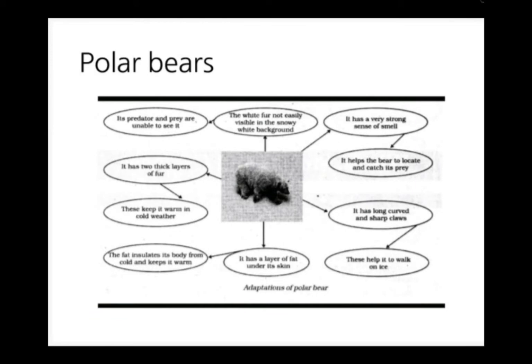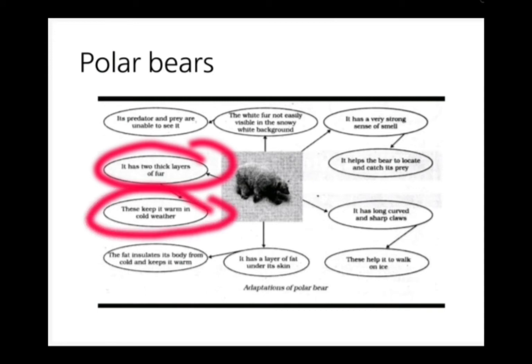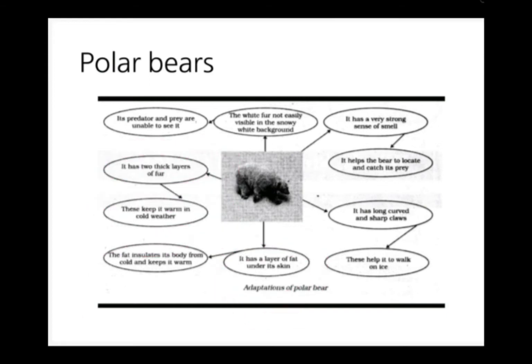It has two thick layers of fur. This keeps it warm in cold weather. It has a layer of fat under its skin. The fat insulates its body from cold and keeps it warm.